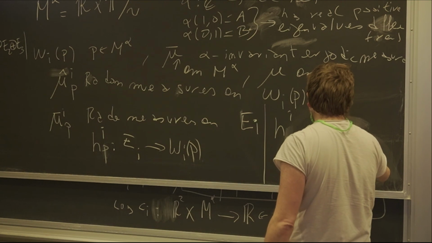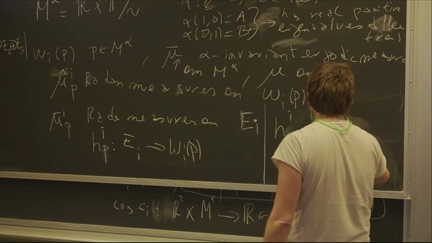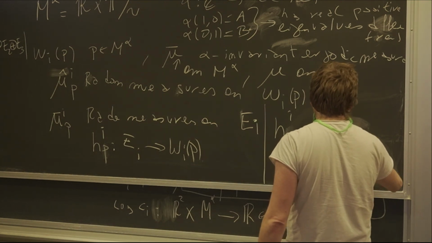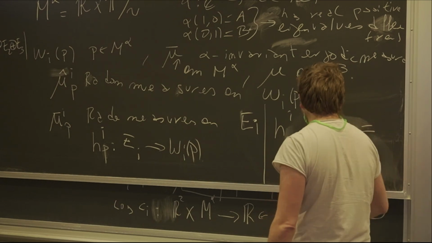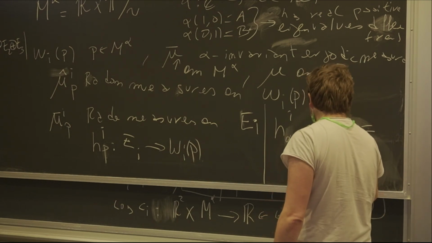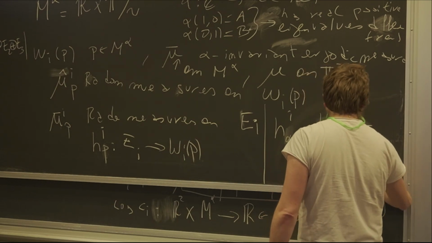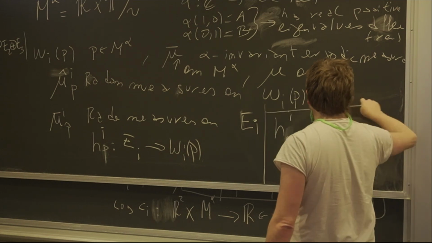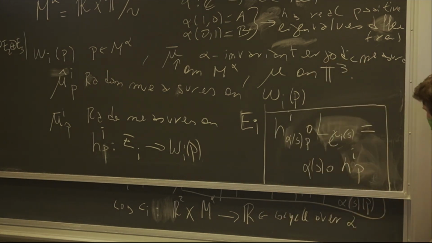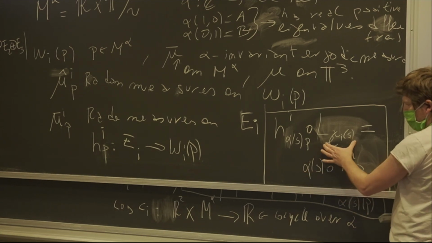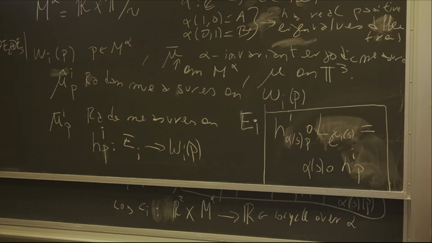Here is L e to the chi I S, and this is the same as alpha of S compose H I p. So this is the parameterization. What does it do? It takes the alpha S dynamics and makes it into multiplication by this e to the chi I S there. This is the affine coordinates. This exactly is affine coordinate.